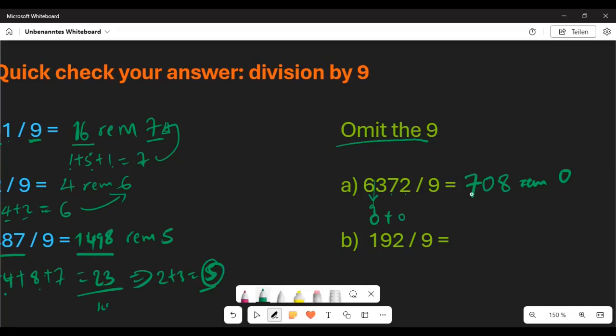This alone shows us there's no remainder. Just by omitting 9s, we are able to get the answer.